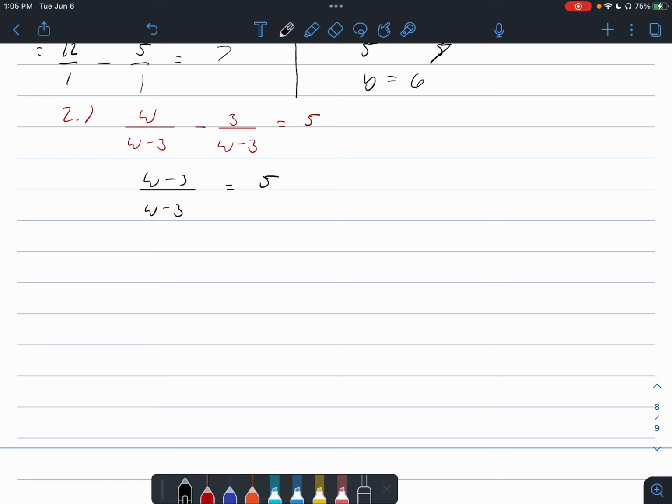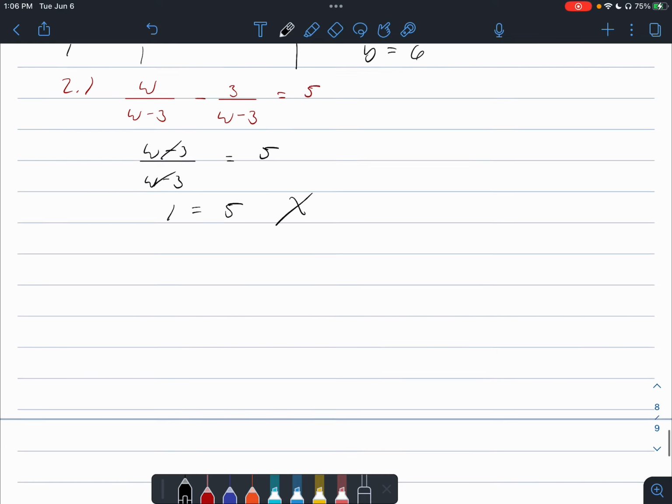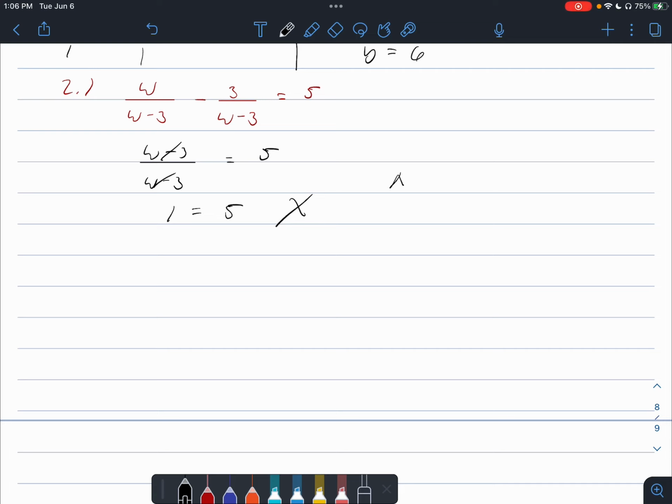What you'll notice now is that these actually cancel on the left-hand side here. So w minus 3 over w minus 3 will cancel out, and we'll end up with 1 is equal to 5. We get that because anything divided by itself is 1. So if you have w minus 3 divided by w minus 3, we get 1 is equal to 5, which is the technical term here, nonsense. So that must mean we have no solution. That's our answer here.